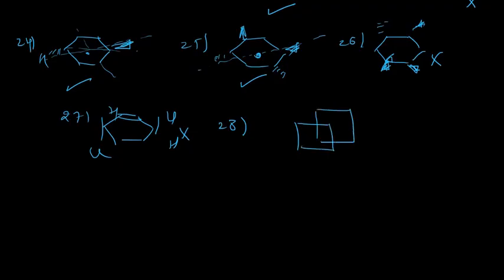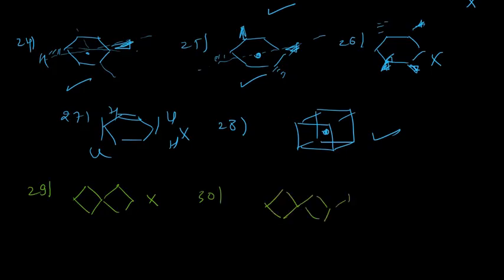Cubane, this is also known as cubane, and it also has center of symmetry, this center. 29th, and doesn't have any center of symmetry. 30th, hydrogen, chlorine, and hydrogen, and doesn't have any center of symmetry.